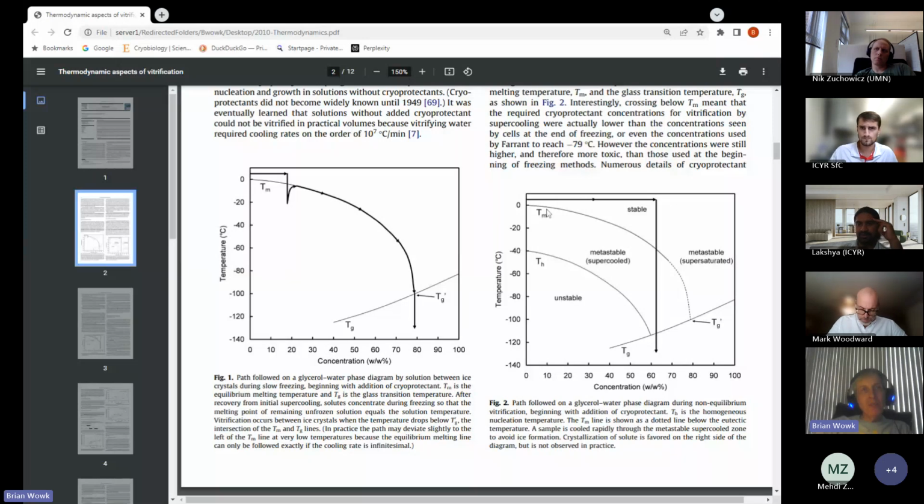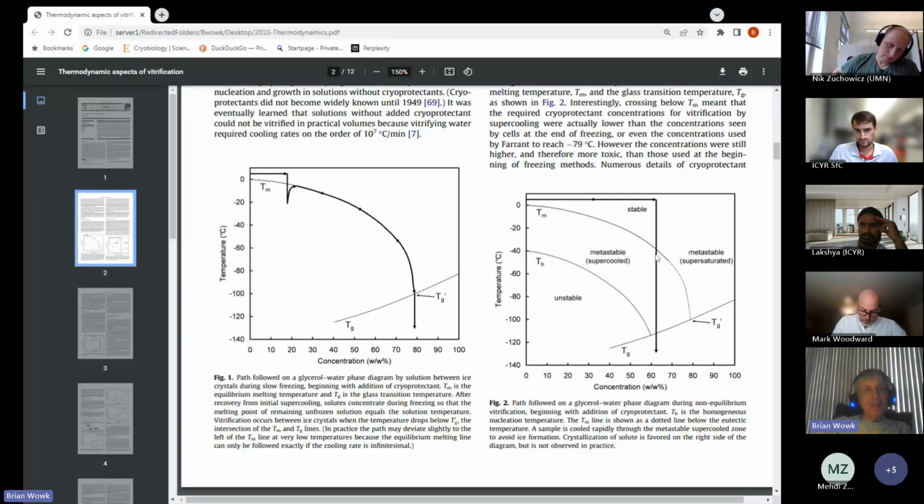And then the empirical relationship I'm talking about is that it's been found empirically that as you add cryoprotectant, for a 1 degree decrease in the melting point, the homogeneous nucleation temperature decreases by 2 degrees. So for example, once you get out to a melting point of minus 40 degrees, you will have depressed the homogeneous nucleation temperature by 80 degrees.